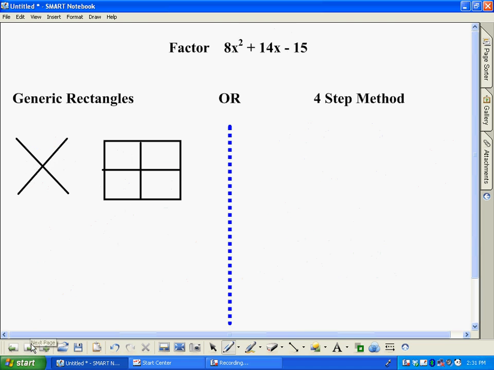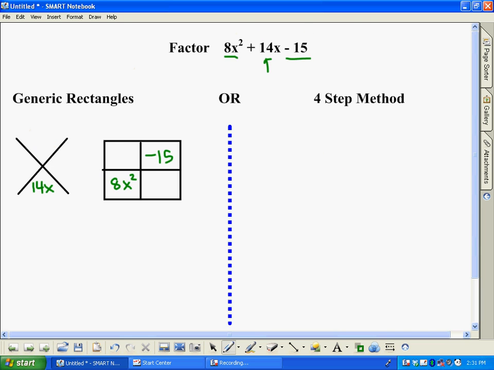So here goes. So this time we have 8x squared plus 14x minus 15. So once again, I'm going to take the first and the last. I'm going to write them in here. I take my middle term, that goes on the bottom. 8 times 15, well, that is 120.